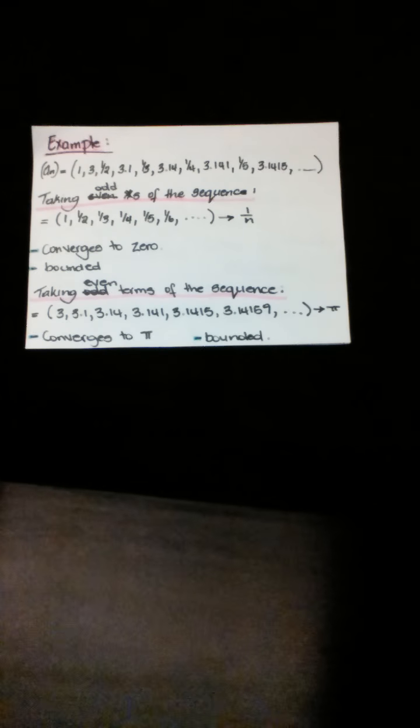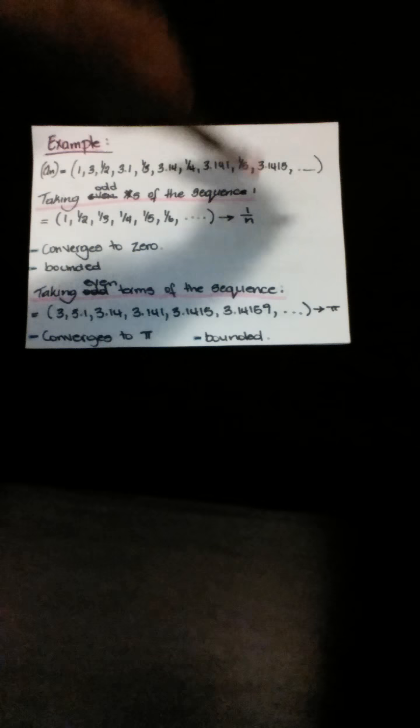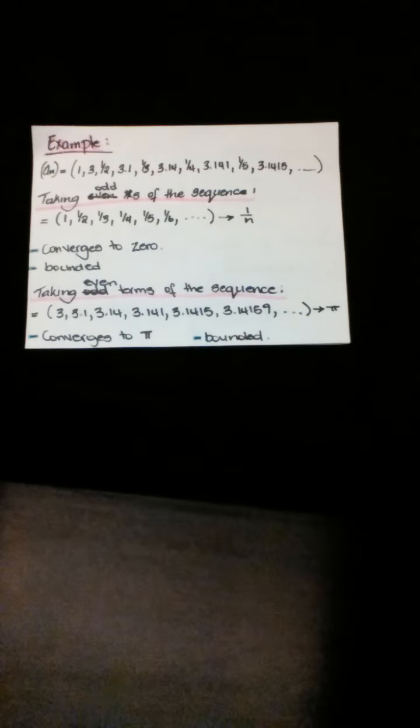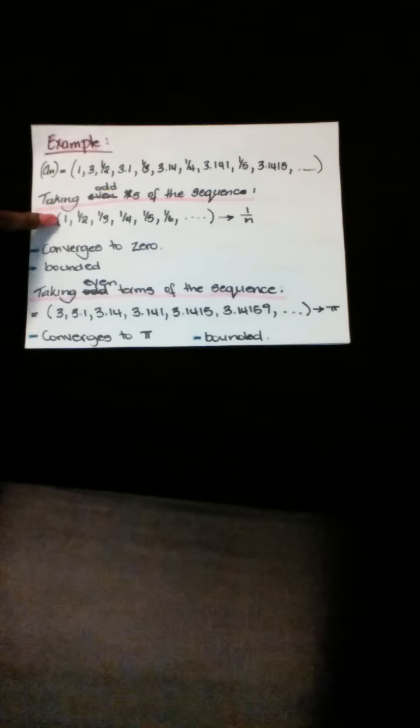Taking the odd terms of the sequence, we get 1, 1/2, 1/3, 1/4, 1/5, 1/6. As you can see, the numerator is always 1, but the denominator increases. So the sequence is basically 1 over n. As the denominator grows, the sequence goes to 0. So the sequence converges to 0, and this is clearly bounded between 0 and 1.